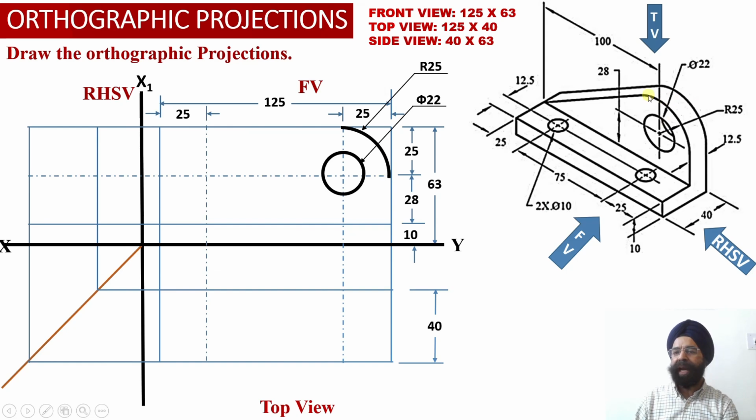So now we know that corresponding to element number 1, we will be able to visualize the rectangular projections into the front view projection such that the height of the front face of the horizontal web will be equal to 10 millimeter, and the width of the horizontal web will be equal to 125 millimeter.